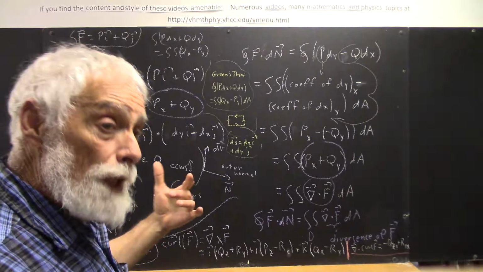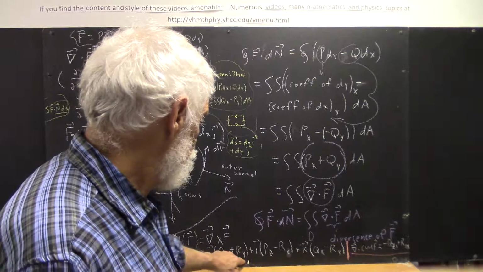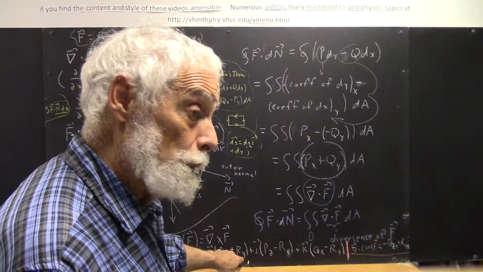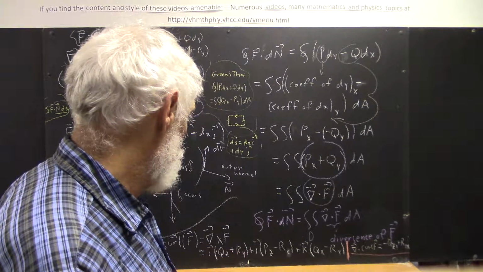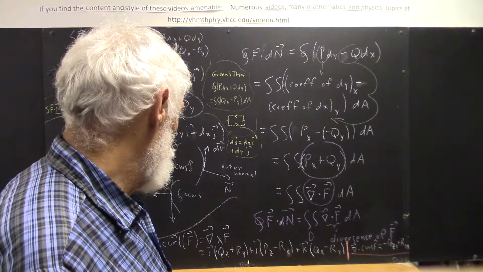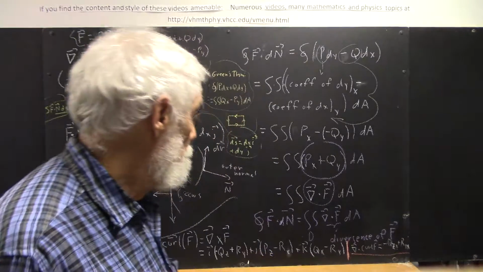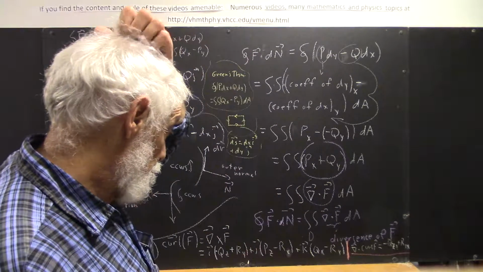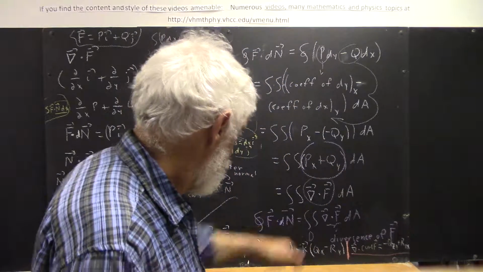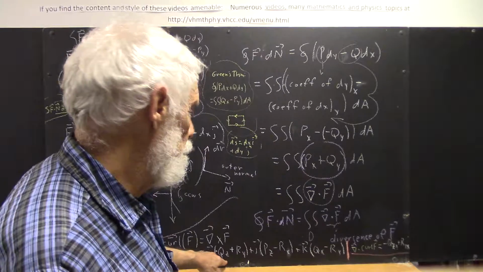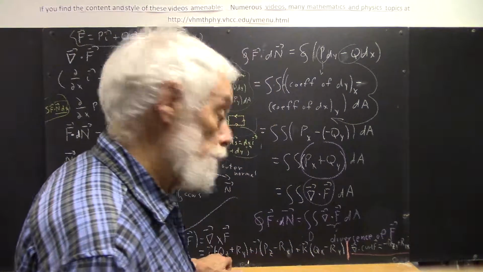Our partial with respect to x operator is going to operate on the negative qz plus ry, giving us negative qxz plus rxy. Now, we have a qx over here that's going to be operated on by the partial with respect to z operator, and we're going to get a plus qxz. We're going to get a qxz here and a negative qzx here. Of course, the order of the partial derivatives doesn't matter, so that's going to cancel that.